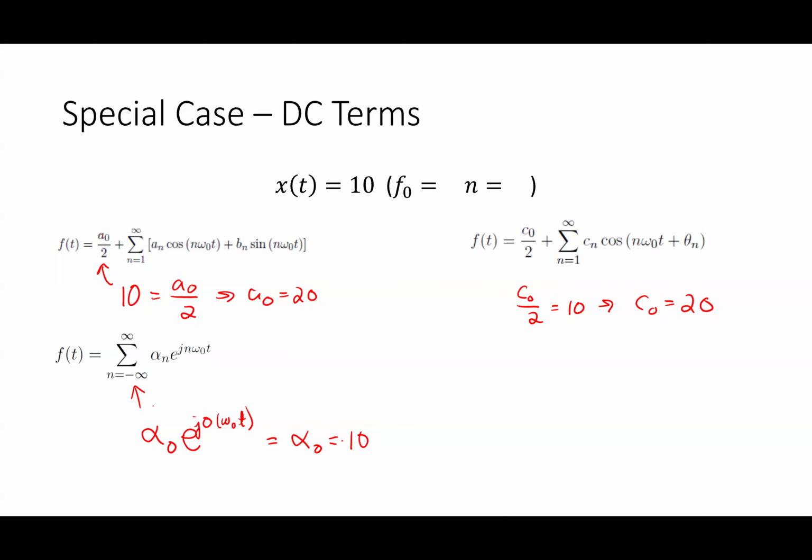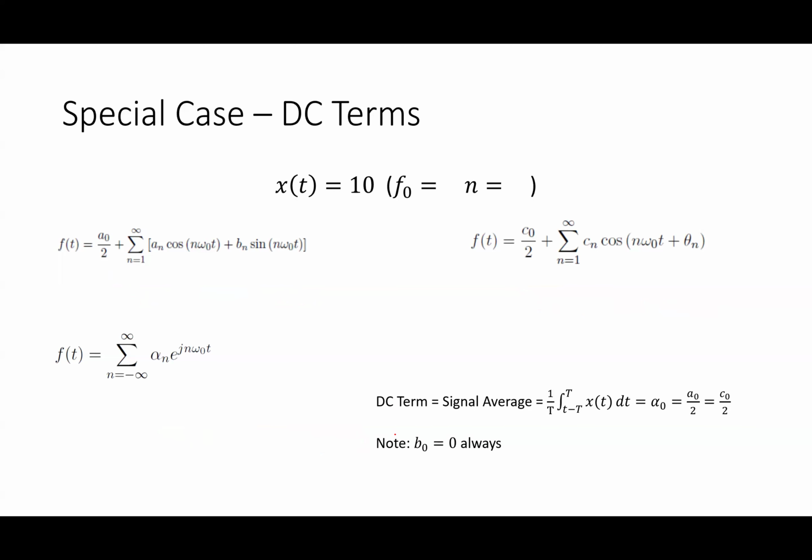Okay. So the way I think about this then is the DC term is always the average. DC term meaning the frequency is 0, that n is 0. That DC term is always the average value of the waveform.